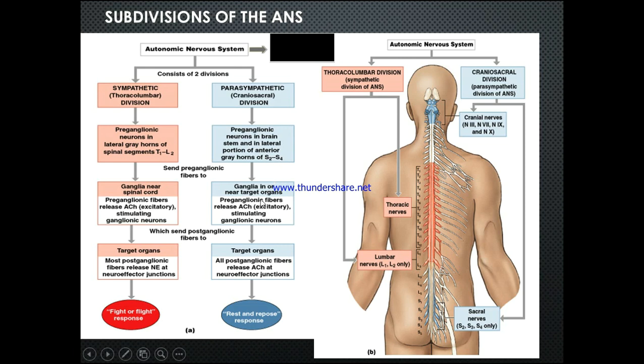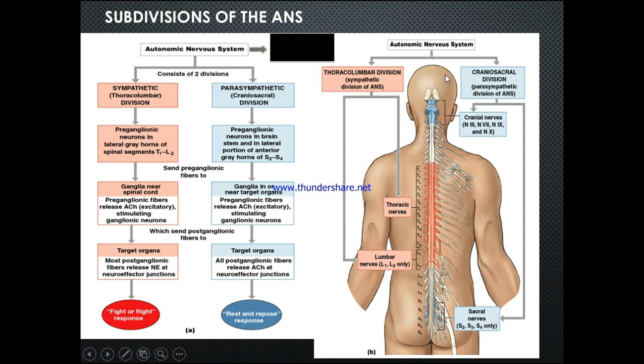Ganglia in or near the target organs, preganglionic fibres which are excitatory, stimulating ganglionic neurons. These are going to go to the target organs. All postganglionic fibres release ACh at the neuroeffector junction. Of course, this is going to be the rest and digest, or rest and repose response.